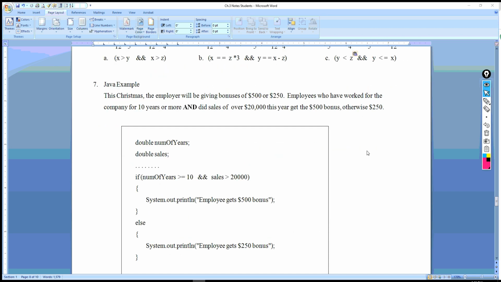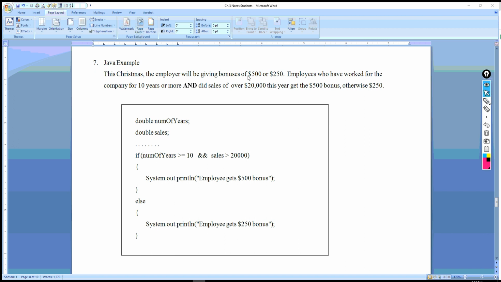Let's move on. Here's a Java example. Say the employer is going to give a bonus of 500 or 250, and the employees getting the bigger bonus have to fulfill two conditions. And so this is a prime opportunity for two Boolean expressions.